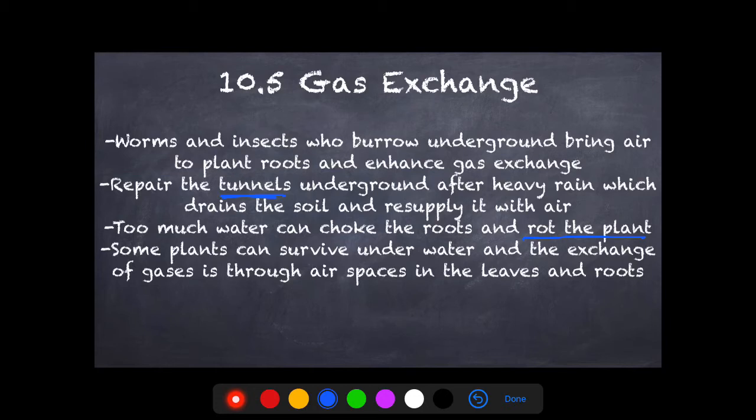Some plants are built to survive in water, like seaweed, and they have a different format of how they can withstand that. But a lot of plants can't be drowned in water because they're not used to that.